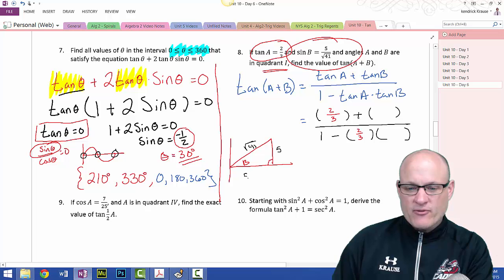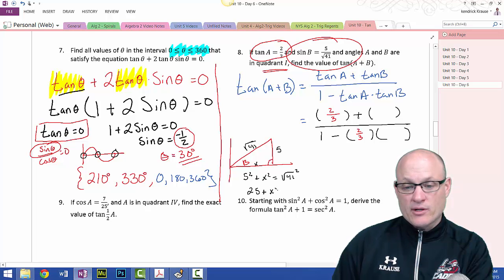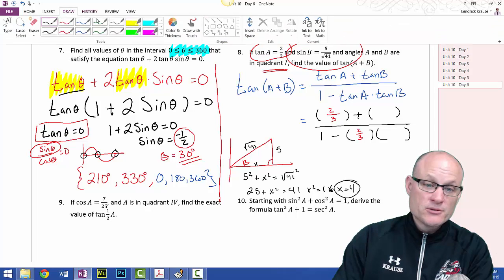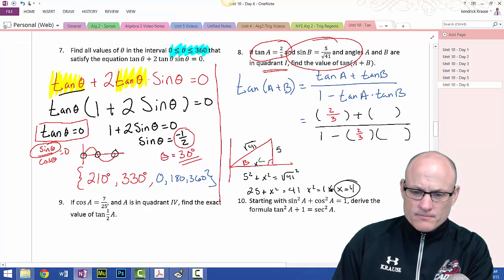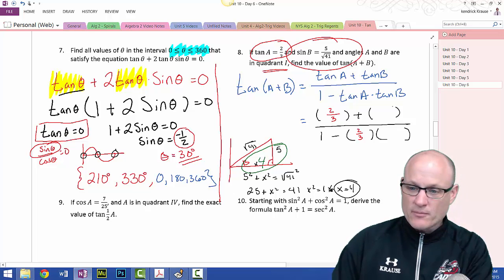So let's just check it out. 5 squared plus x squared equals the square root of 41 squared. So this is 25 plus x squared equals 41. Subtract 25, you get x squared equals 16. So x equals 4. So now I know that this is 4. So tangent is opposite over adjacent, 5 over 4.